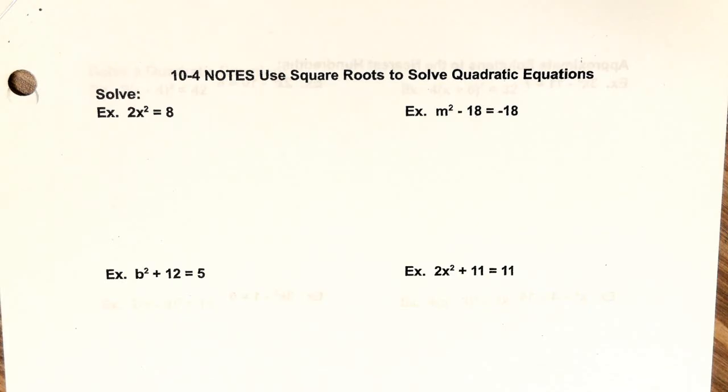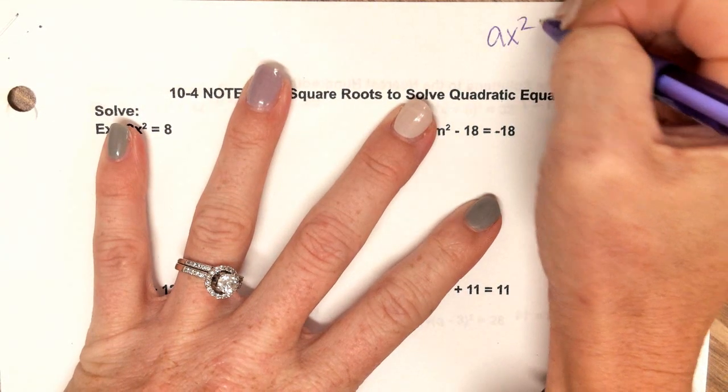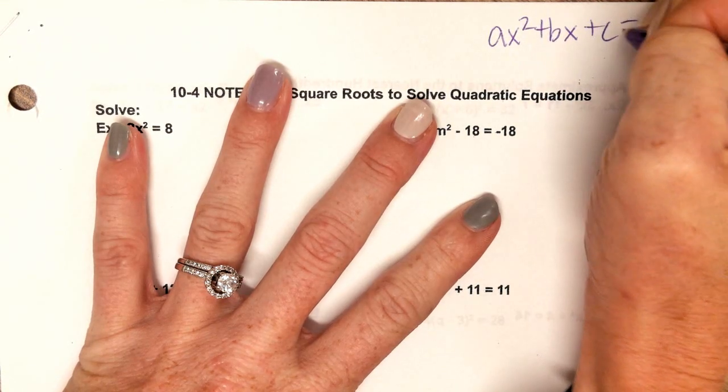Well, today I'm going to teach you that you can also use what is called a square root to solve quadratic equations. This only works when the middle term, the b, is missing. So write this down: ax squared plus bx plus c equals 0.